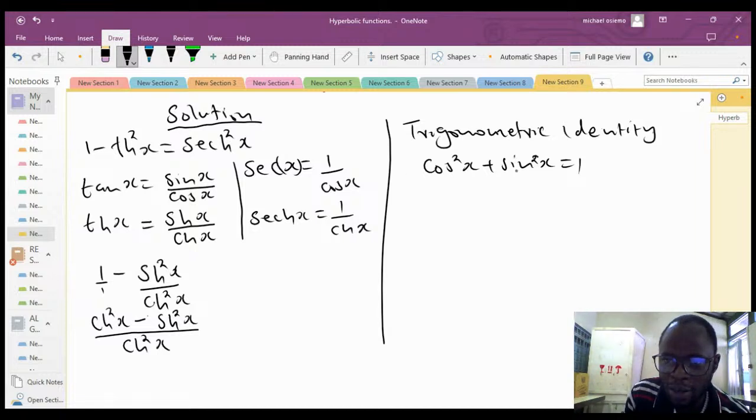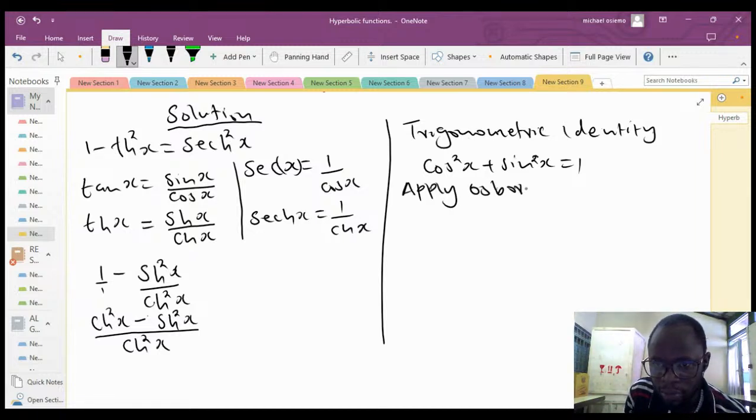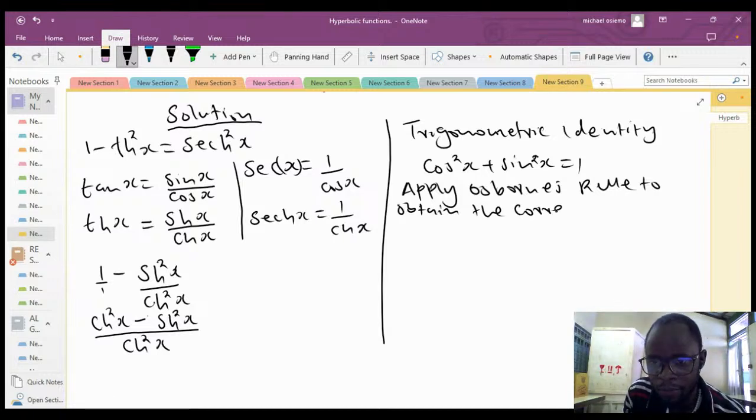Let us apply Osborn's rule to transform this one and see what the corresponding hyperbolic identity is. So we are going to apply Osborn's rule to obtain the corresponding hyperbolic identity.